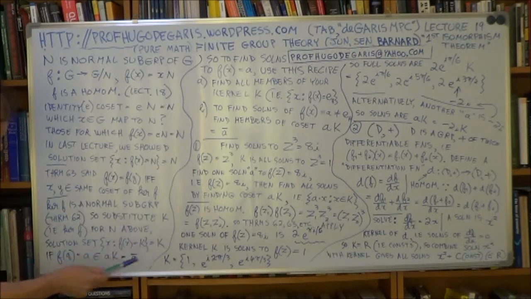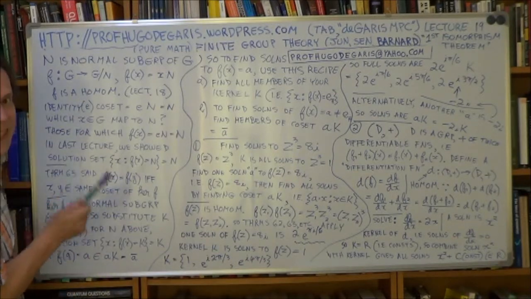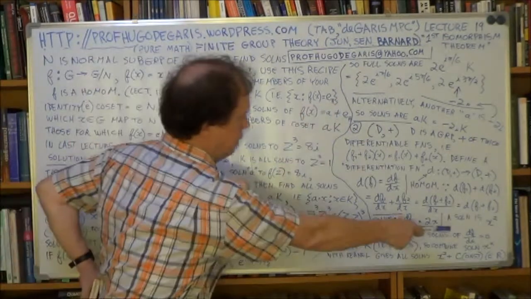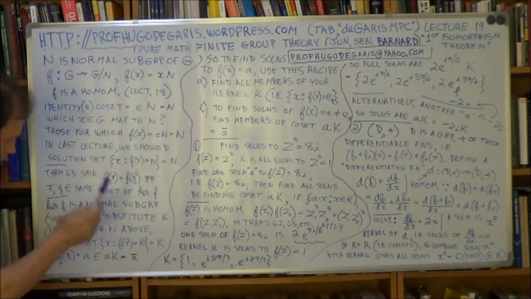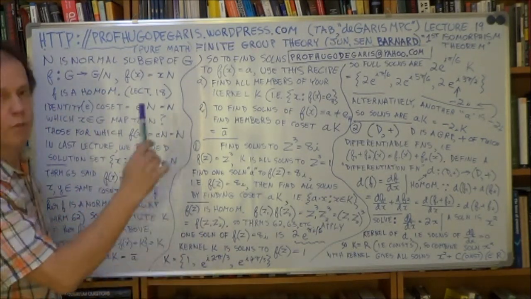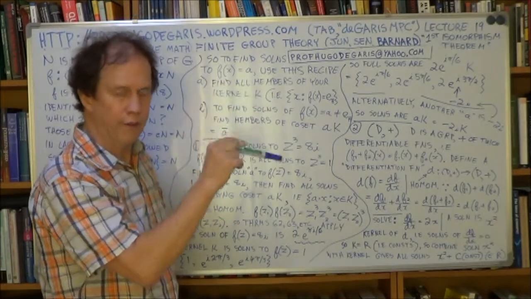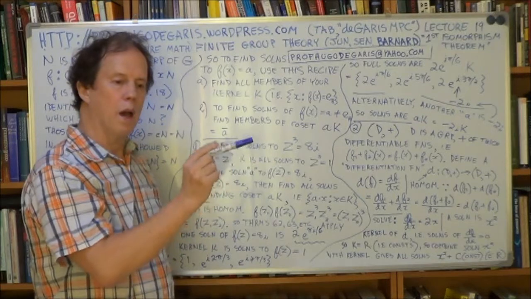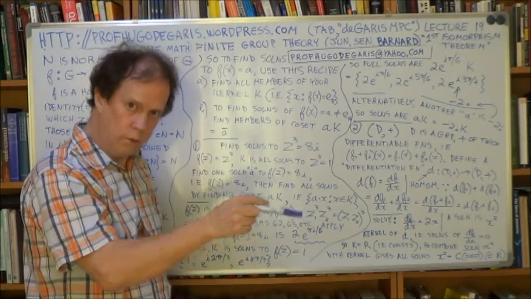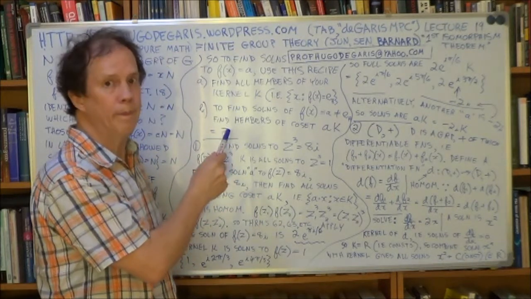Right? So, if you like, all the elements in the kernel get multiplied by this solution, little a. Now what I've just said is important. That's the essence, the heart of these two techniques. So, in a two-step process, take your problem and show that the mapping F is homomorphic, then find the kernel, your K, for that mapping.